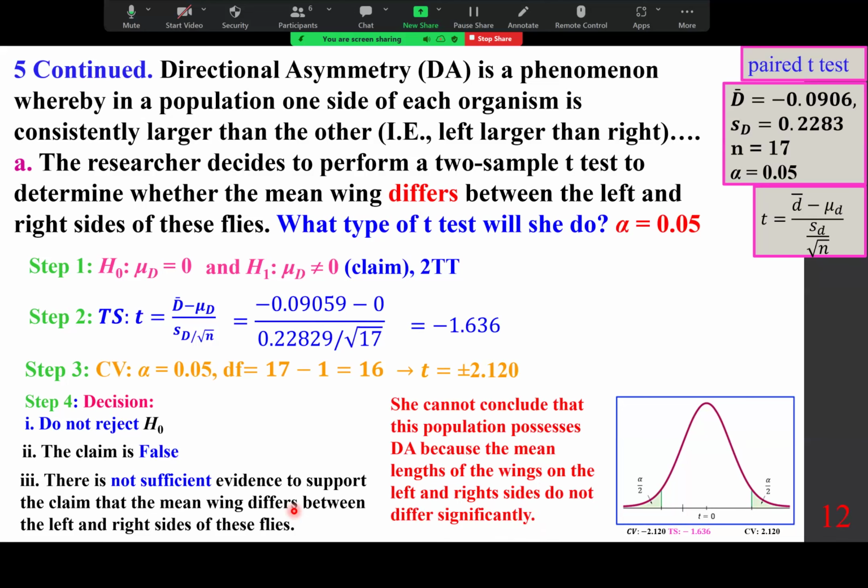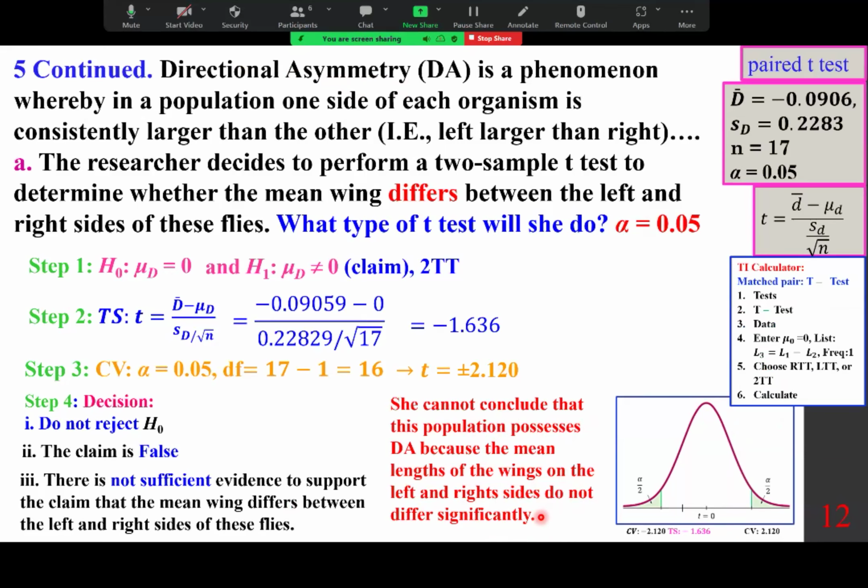Therefore, she cannot conclude that this population possesses DA, directional asymmetry, because the mean lengths of the wings on the left and right sides do not differ significantly. If you were to do it by technology, you would use the matched t-test.